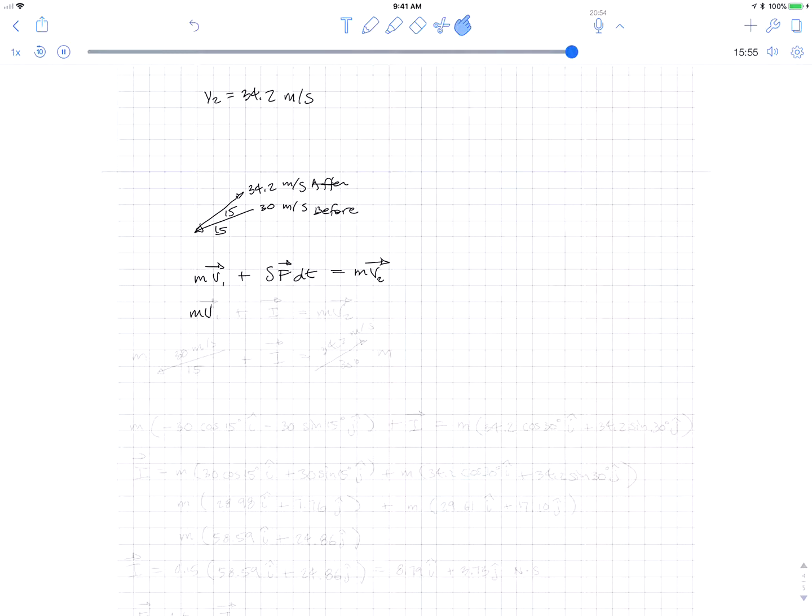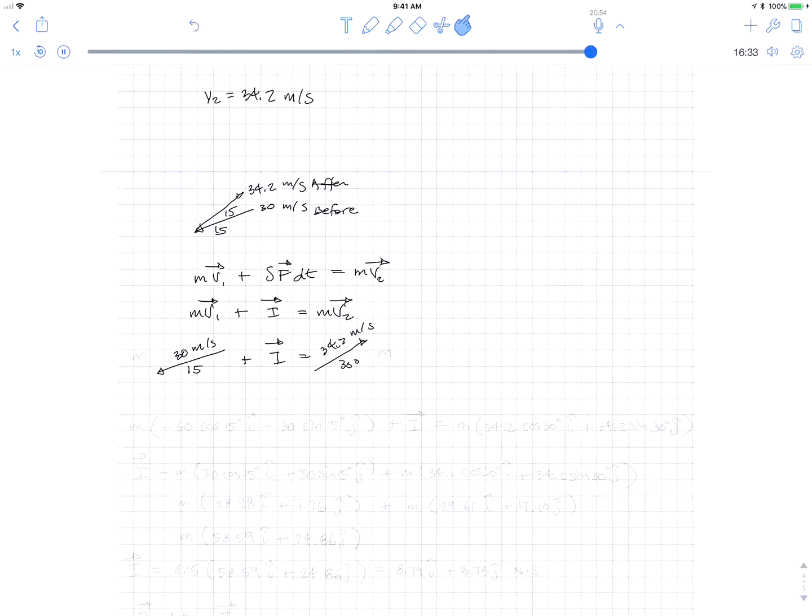And for now, I'm just going to call integral F dt just the impulse. So if you write that out, you get at 15 degrees, 30 meters per second, plus this vector I will equal going out, at 30 degrees, 34.2 meters per second. And so we need to solve for I, the impulse.